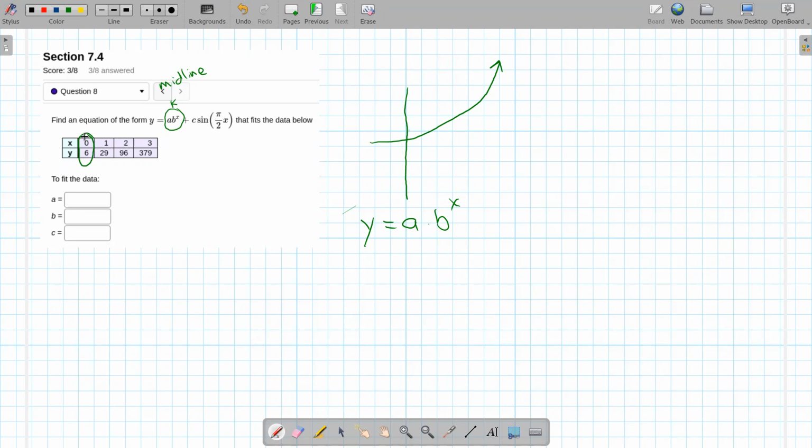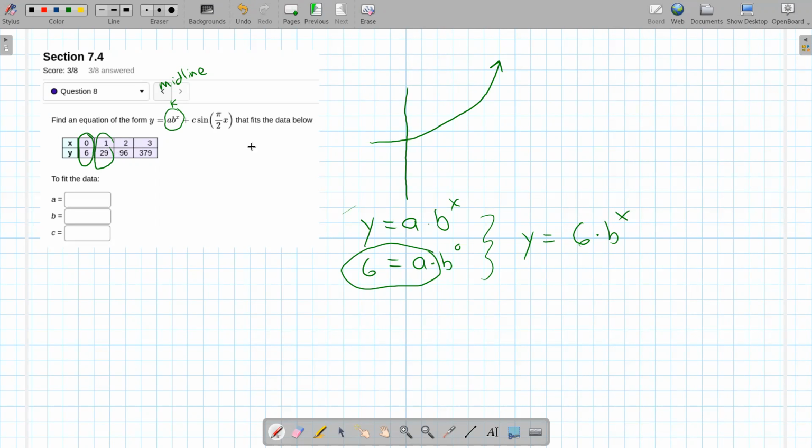And the 0, 6 tells us, if we think about plugging in 0 here, we would get 6. A times b to the 0 is going to give us just a. So this tells us a is 6. And then we can use this point right here to figure out what b is. So I now have y equals 6 times b to the x.